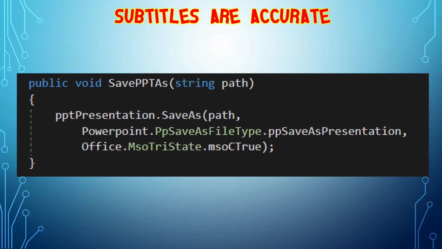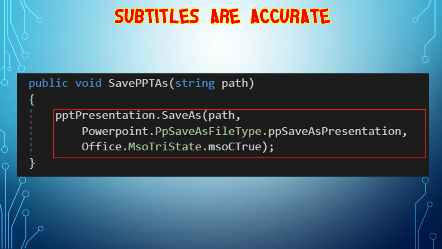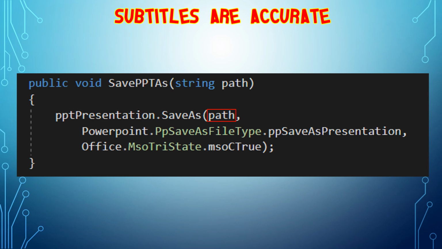Next, we have to save our new PowerPoint. We do that using the presentation SaveAs method, which takes 3 parameters. First is the save destination path. Second just says how this presentation should be created.